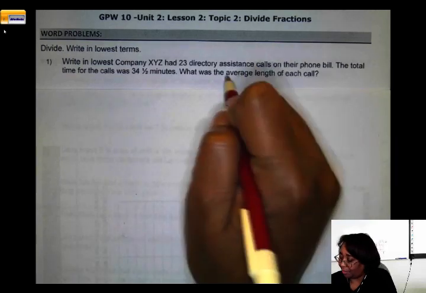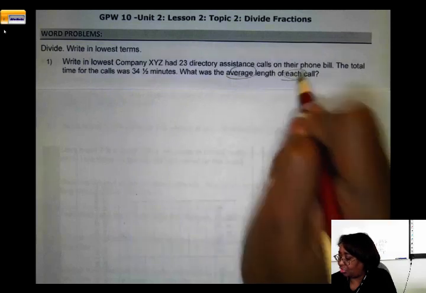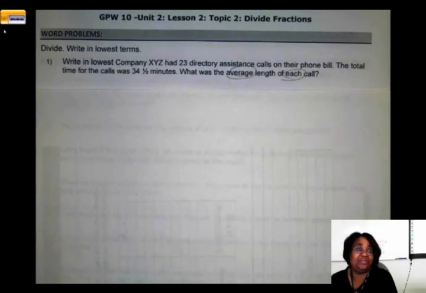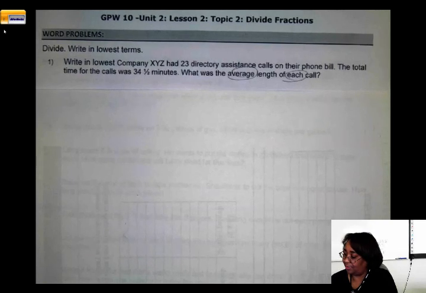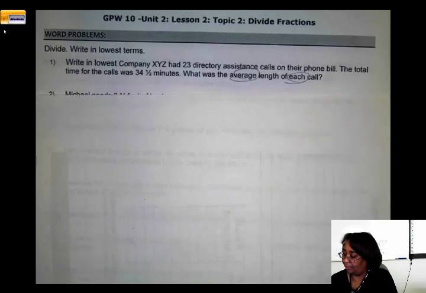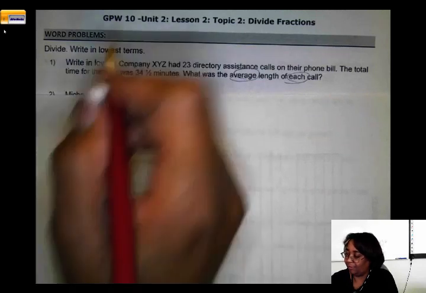Now, average and each are clue words for division. Okay? So, they want that length of each call. Well, what should come first? 23.